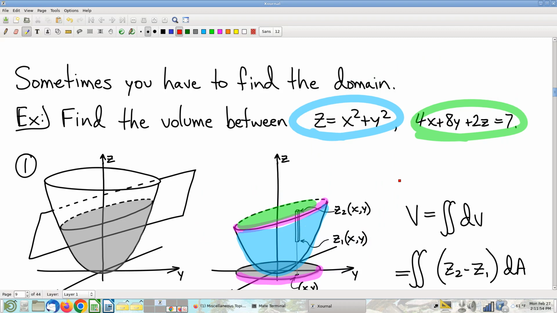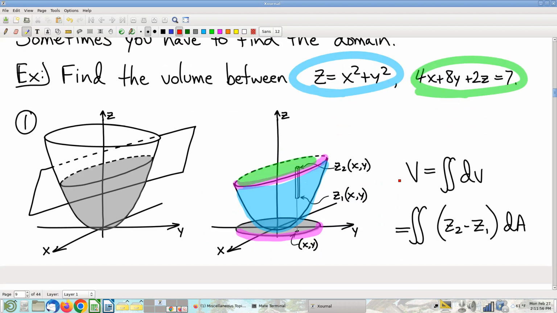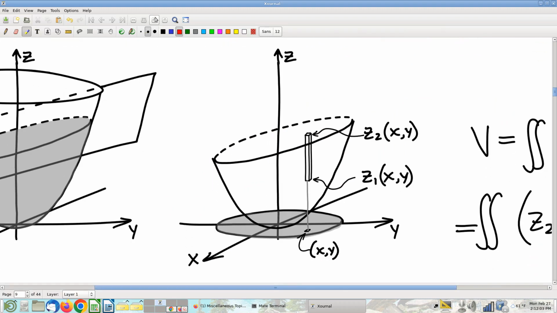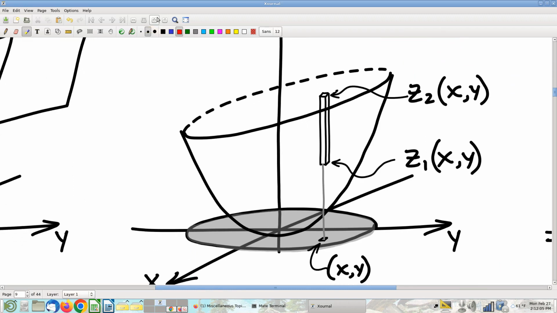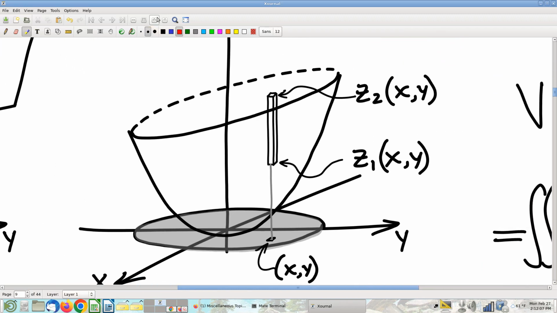Okay, so what do we do? What am I looking for here? I'm going to zoom so we can see a little bit better. There we go. Notice that what we're actually looking for are certain points down here.